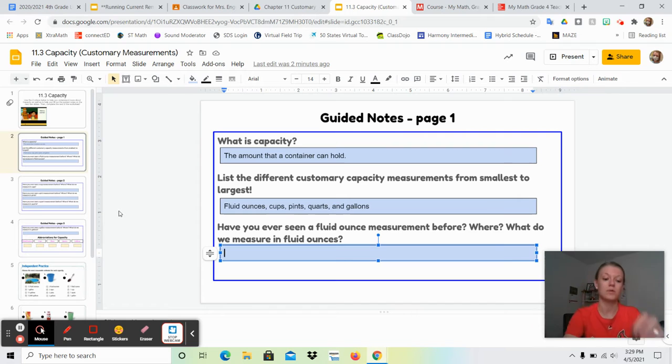So, I have seen fluid ounce measurements, and this is for you. If you haven't seen fluid ounce measurements, then say, no, I haven't. Then for the second part of this question, you need to research or keep listening to me and figure out what is measured in fluid ounces.